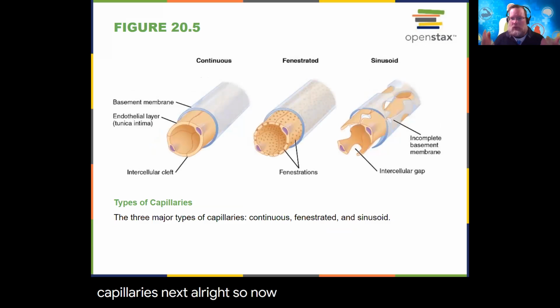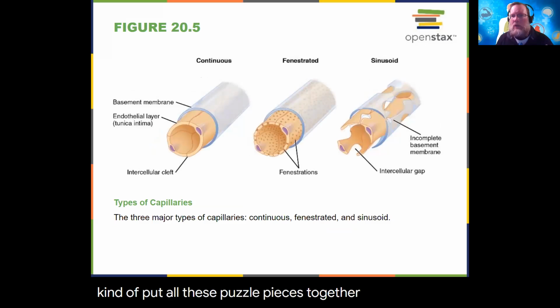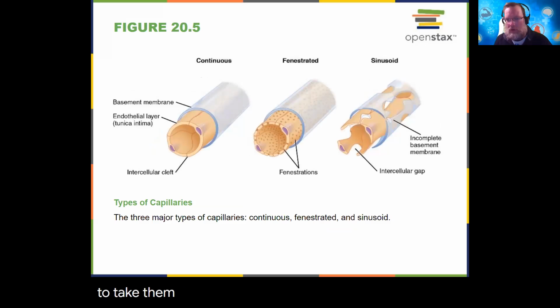All right, so that takes us towards the capillaries next. Now we're in a capillary network, and I have some other illustrations coming up that will put all these puzzle pieces together, but we're going to take them separately for now. As an arteriole dumps into a capillary network, we see three different capillary types, or three capillary possibilities.